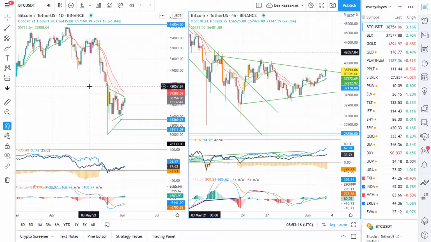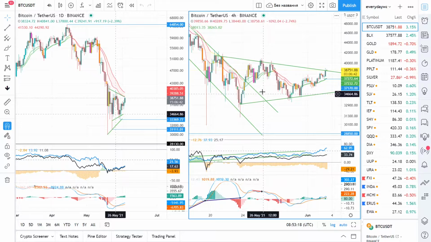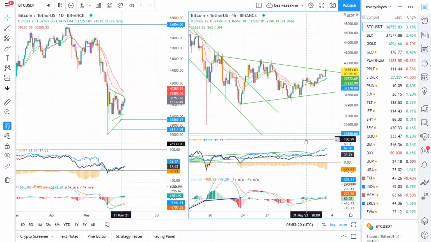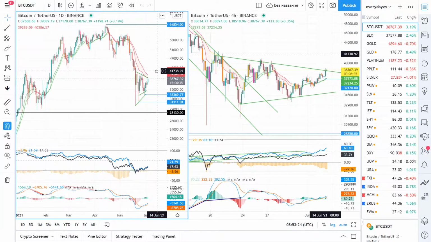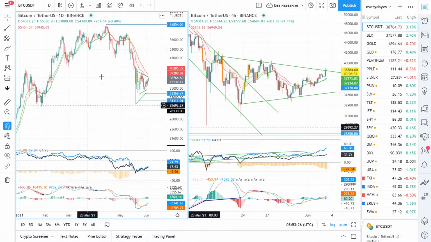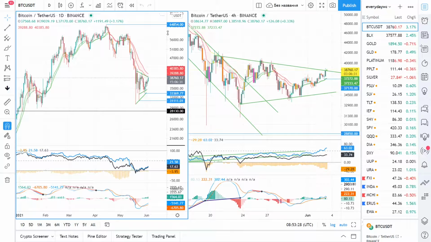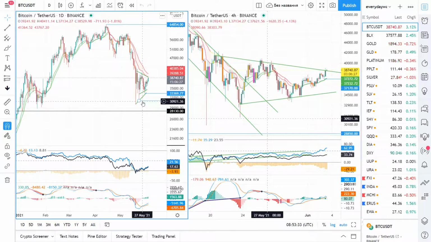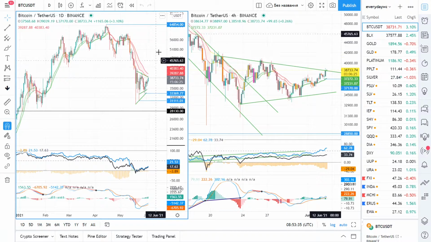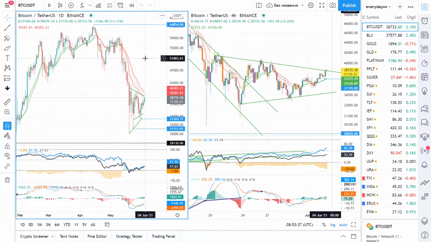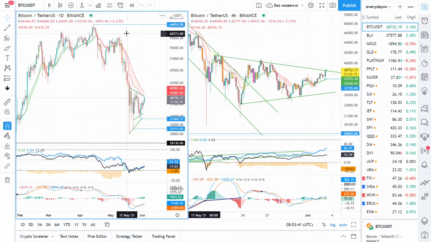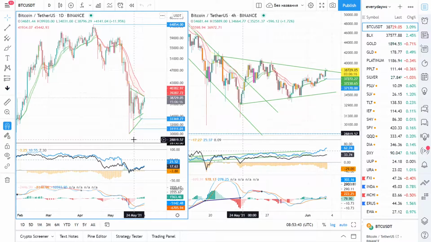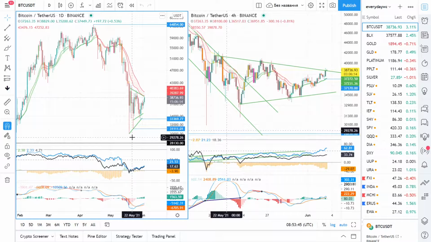On the left side we have the daily chart, on the right side we have the 4 hours chart, and as you know by now, Bitcoin put in an all-time high at 64,854 dollars, and after that a significant correction occurred. It looks like an ABC pattern, but that's another story.